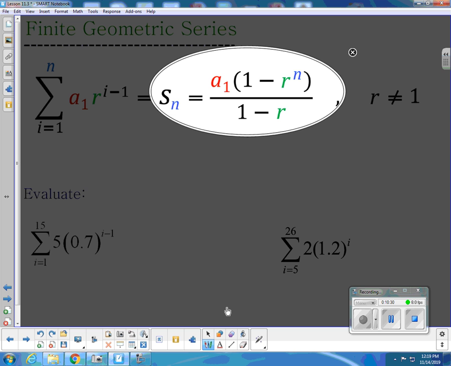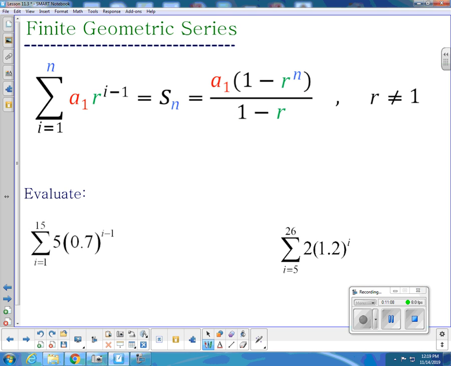The formula for the sum of n terms is a sub 1, remember, that's the first term in the series. It may not be starting at the first term in the sequence. First term in the series times 1 minus the ratio raised to how many terms you are adding up, which is your n value, divided by 1 minus the ratio again. So that's what you want to write down for your sum. Good.